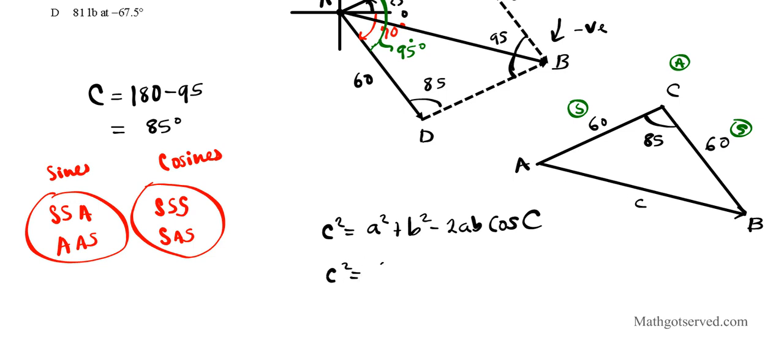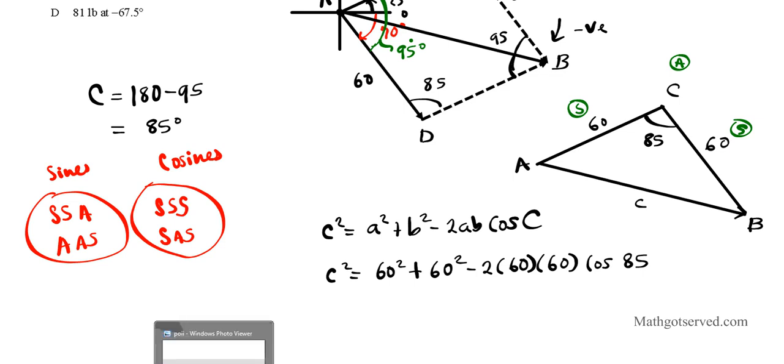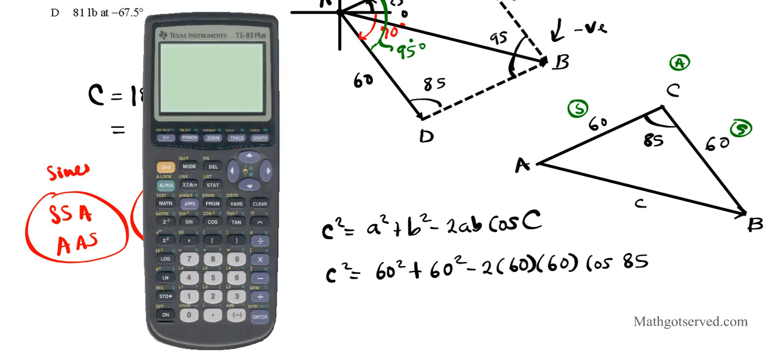So we have c squared equals 60 squared plus 60 squared minus 2 times 60 times 60 cosine big C, which is 85. All right, so let's plug that into our calculator and see what we get. 60 squared plus 60 squared minus 2 times 60 times 60 cosine 85.